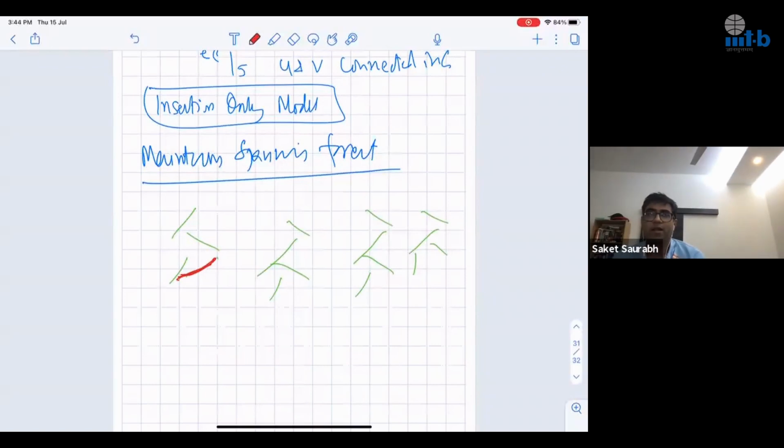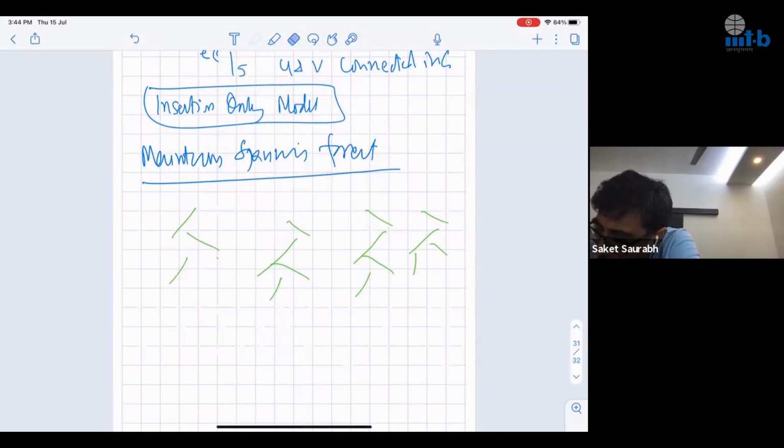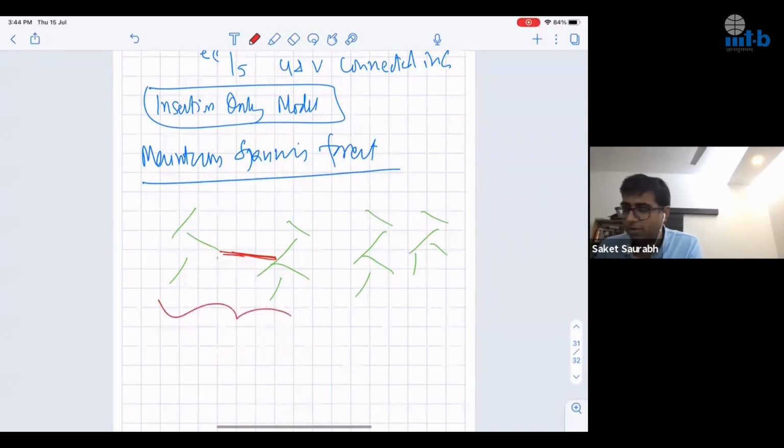I anyway have the information that these elements are connected. What more extra information is it providing me? But if this edge was going across, is it providing me extra information? Yes or no? Yes, exactly. Because now you have a bigger tree, and you know more information. Not only are these connected among each other, even this.